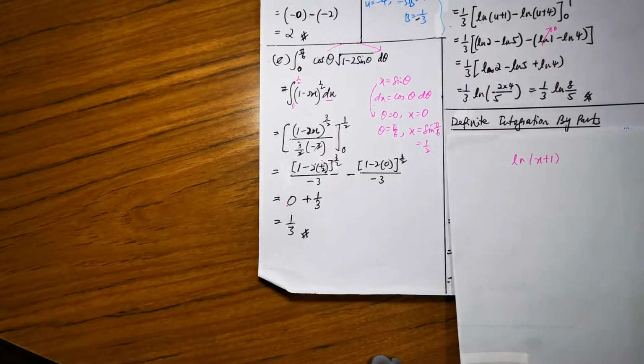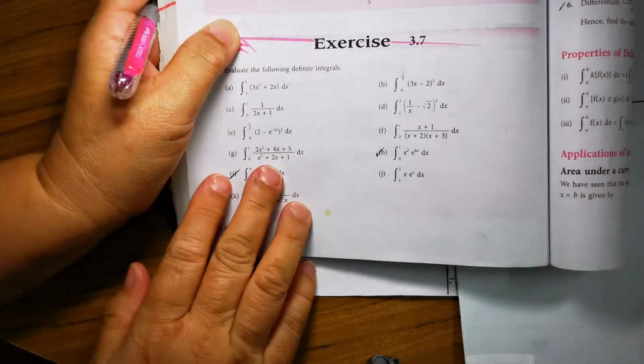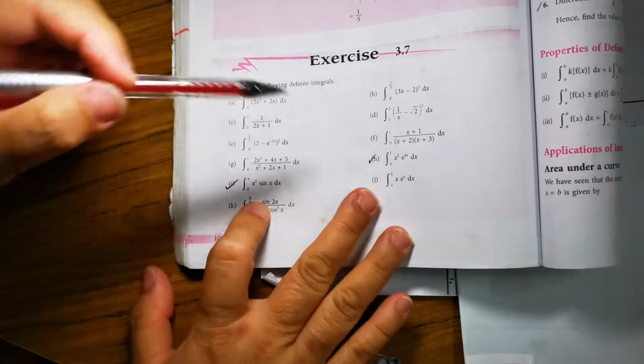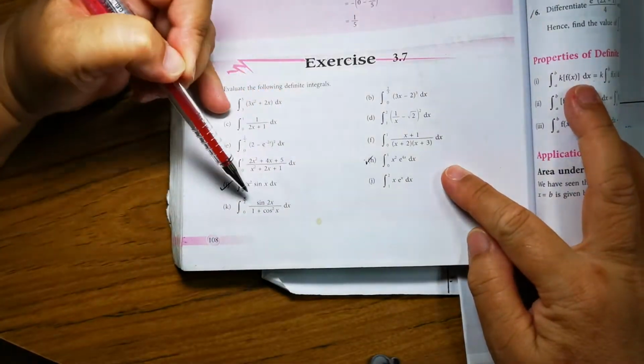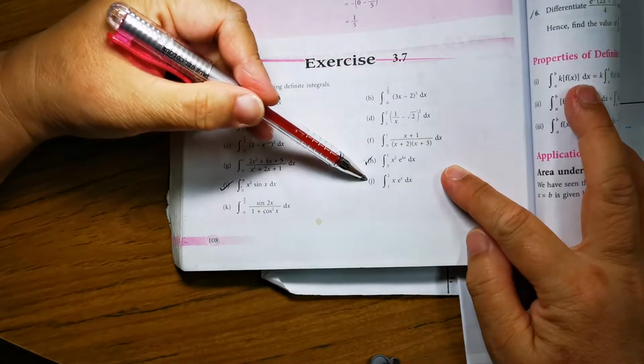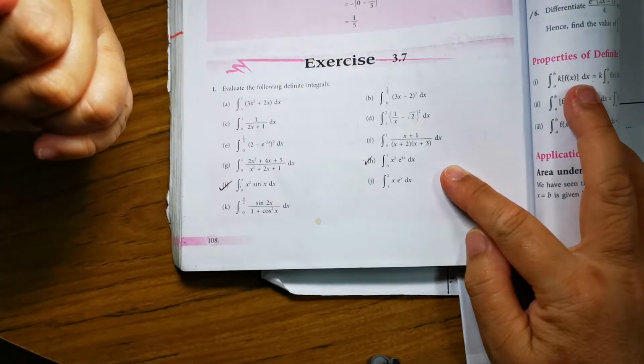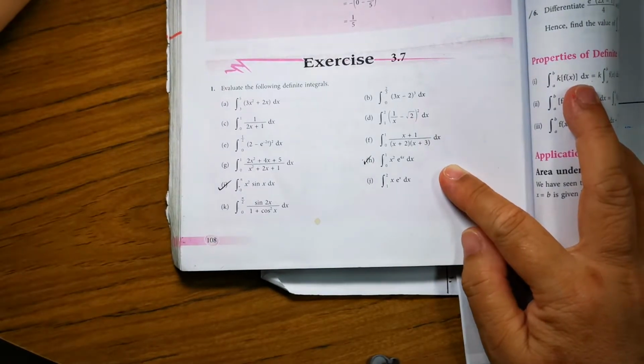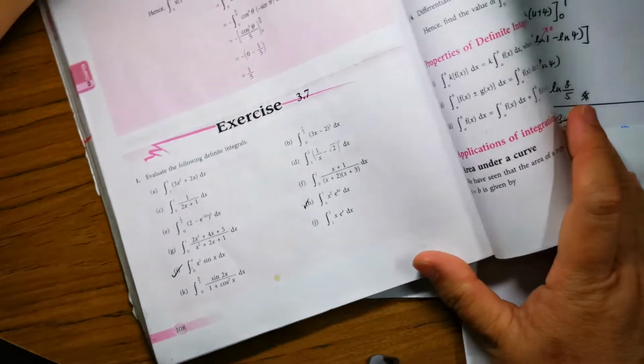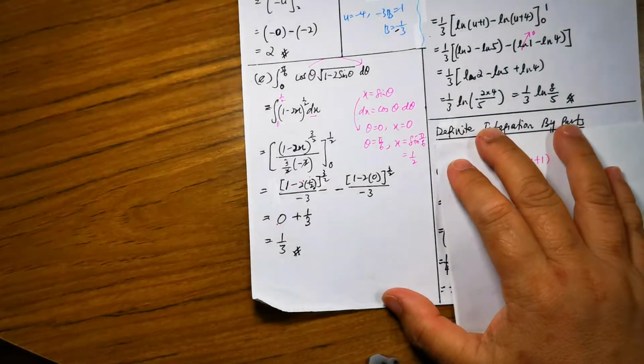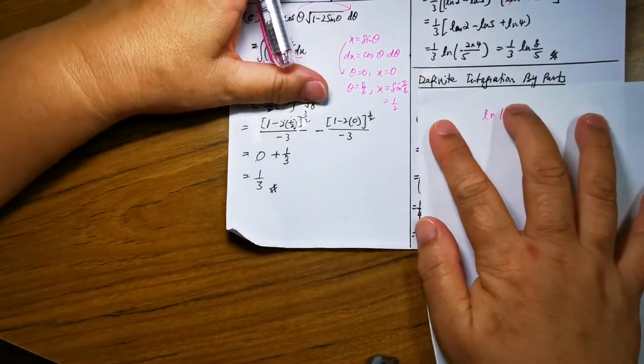Question 1, I'm going to discuss H and I. So of course, J and K, you have to do yourself. Question 4 later, when we want to do it, then only we see.